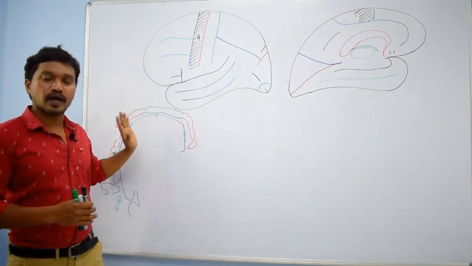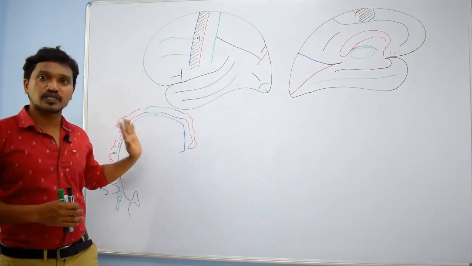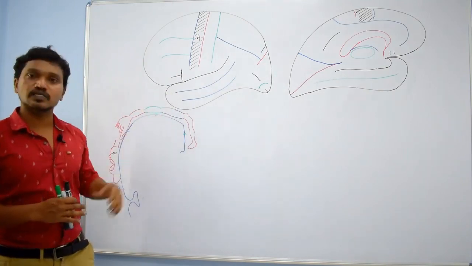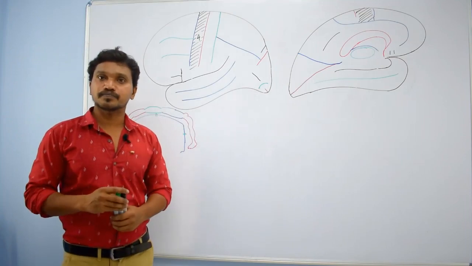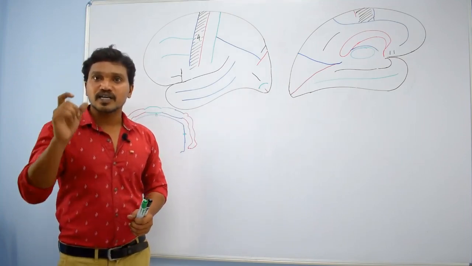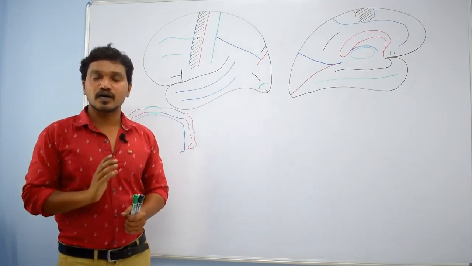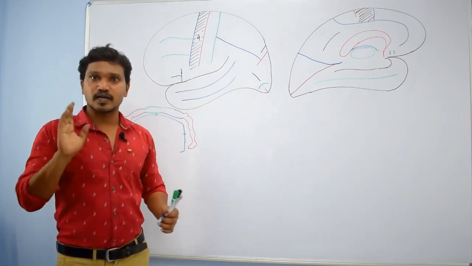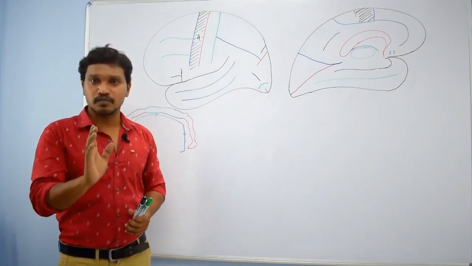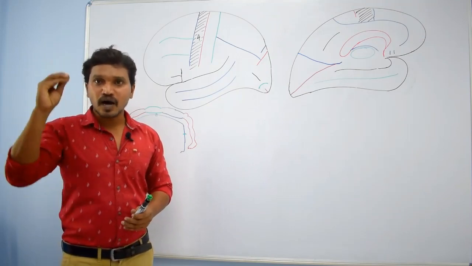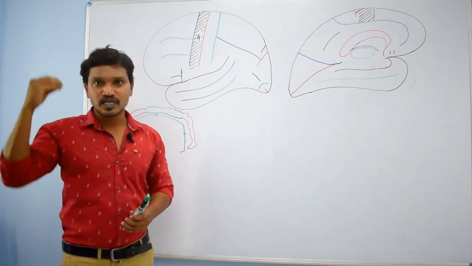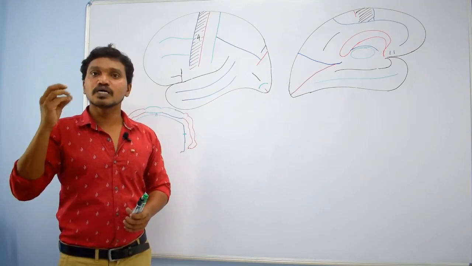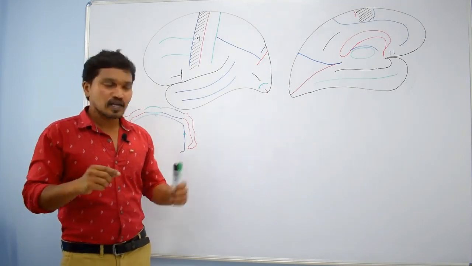Clear? And if there is injury to this area, what will happen? Paralysis, hemiplegia, contralateral side muscles paralyzed. This is what we call hemiplegia. Of course, some partial paralysis on the same side, that we call paresis. Why?